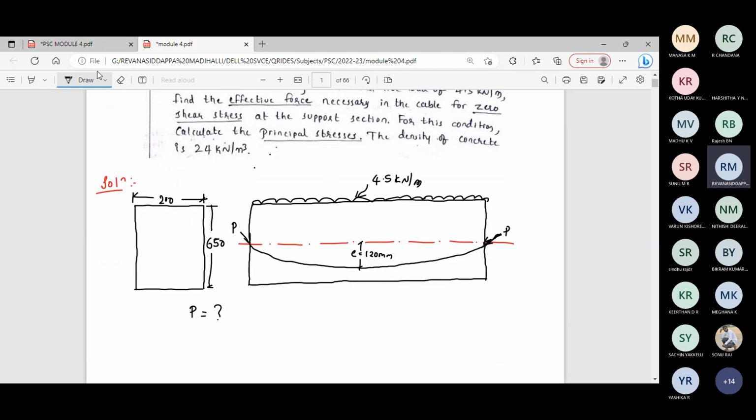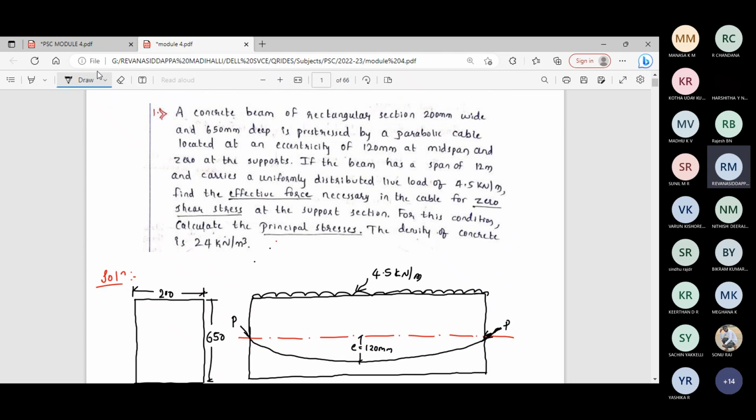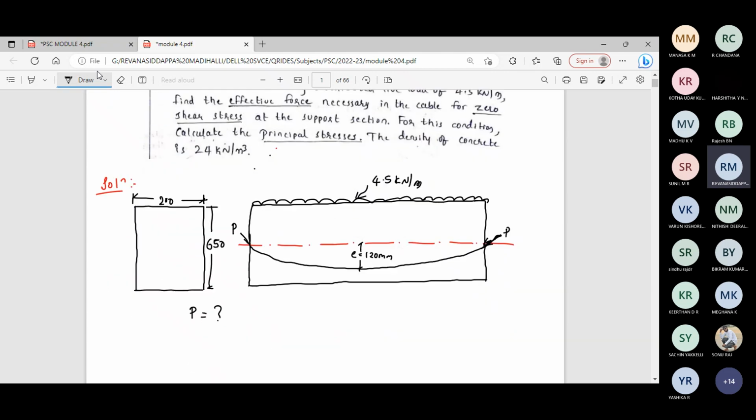We have to find a suitable magnitude of the prestressing force which will cause zero shear stress at the support section. That is the first question.